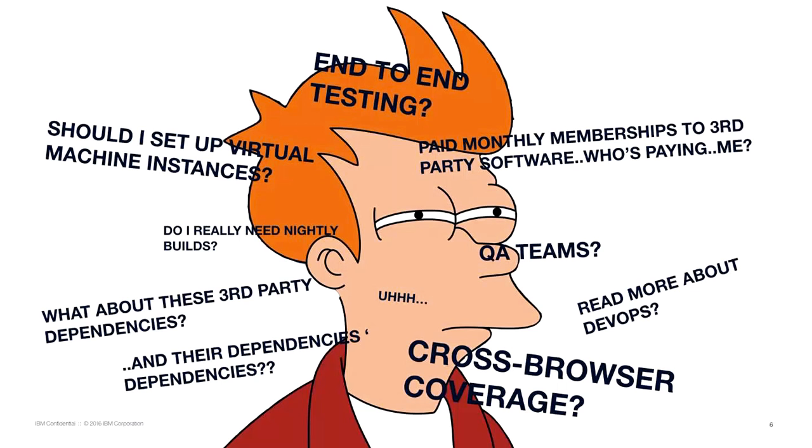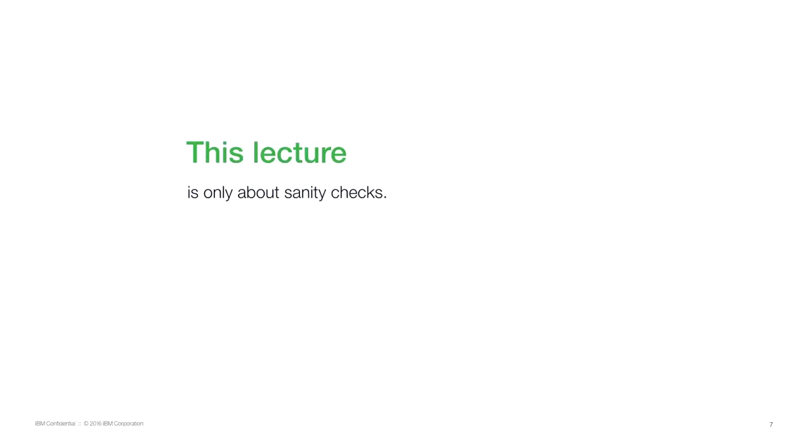Realistically, all I really wanted was to know if something had changed in my UI. I just wanted to know, hey, I made a series of changes. Is everything good? Because of that, this lecture is only about sanity checks.